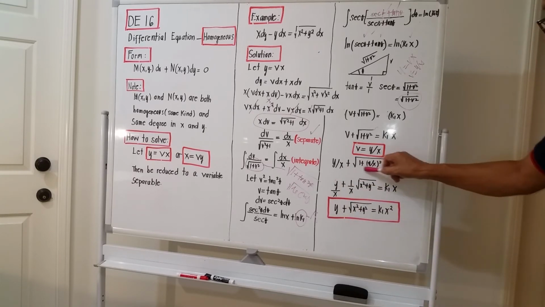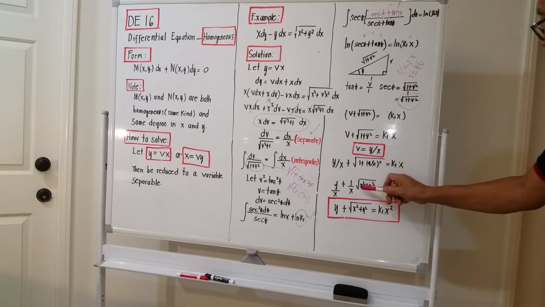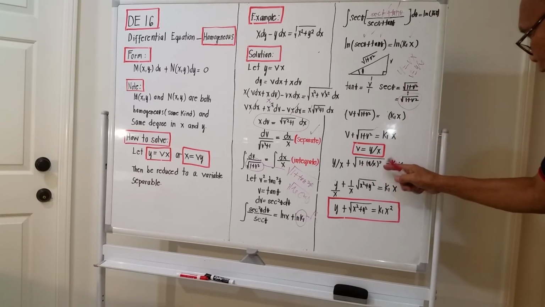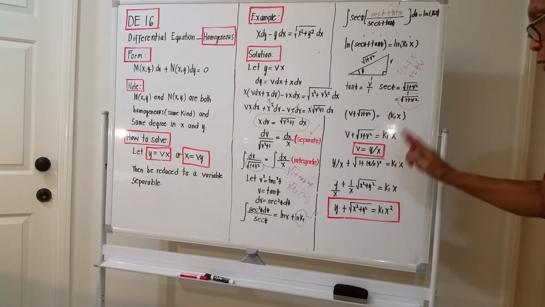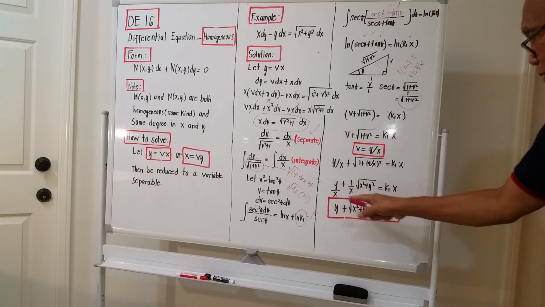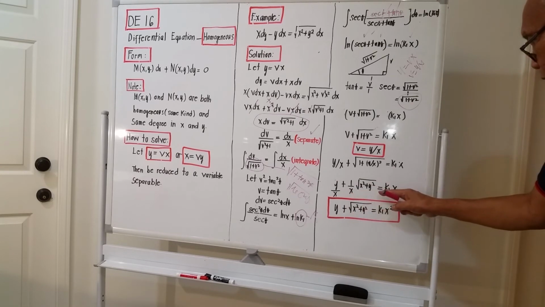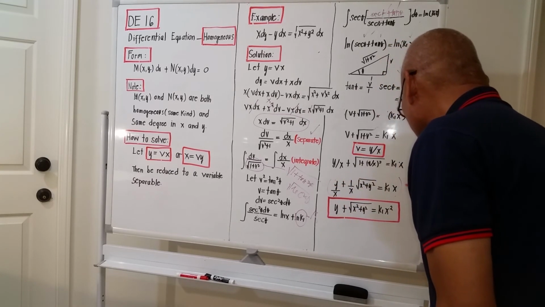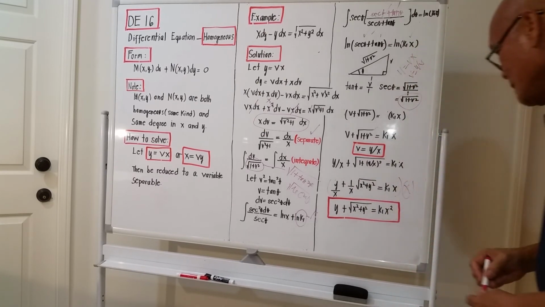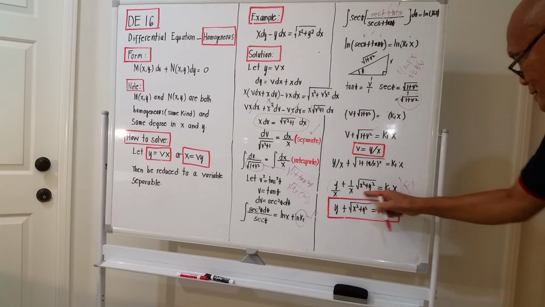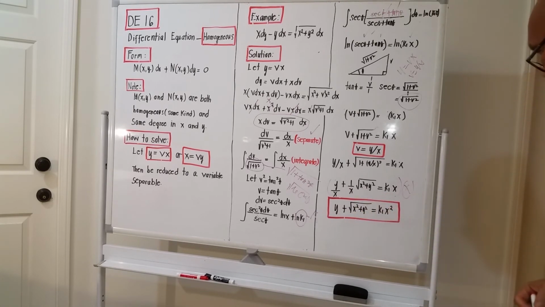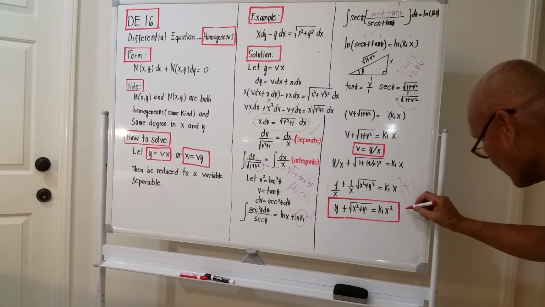The term inside the radical will be x squared plus y squared all over x squared, and the square root of x squared is x. It's a perfect square, I bring it out, it is 1 over x. Then multiplying all terms by x, this is gone, so it will be y plus the square root of x squared plus y squared equal to k1x times x, which is k1 x squared. This is our final answer.